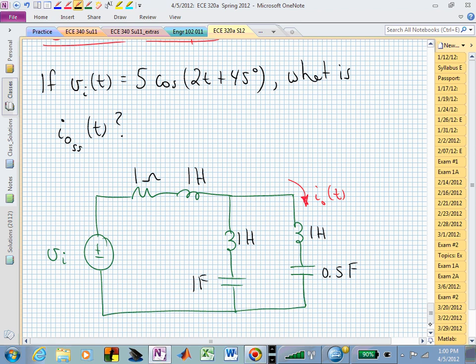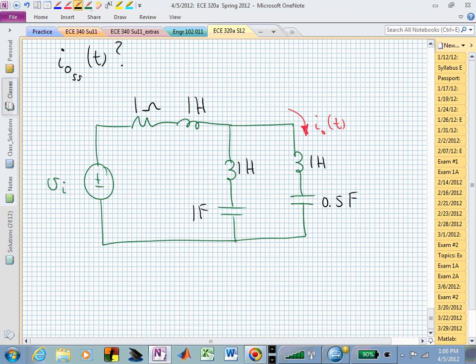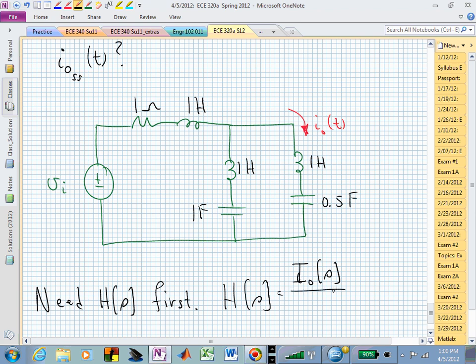In order to solve this, based on what we've just done, we need a transfer function, where H of S is actually this output current's transform over the input voltage Laplace transform.